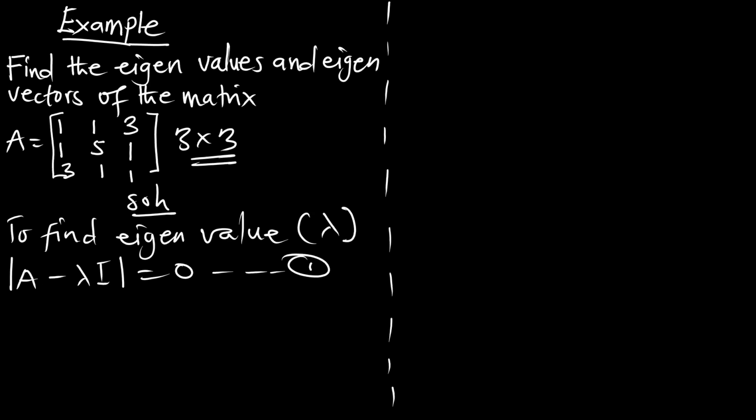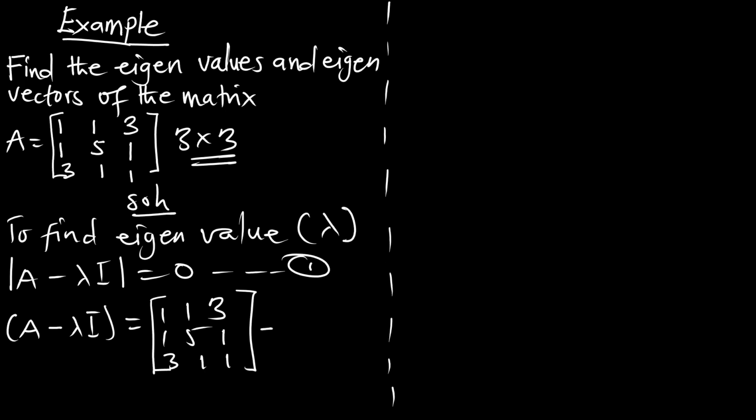Are we okay? So first, let's find an expression for matrix A minus lambda I and see how best we can do it. So the matrix is 1 1 3, 1 5 1, 3 1 1, minus lambda multiplying the identity 1 0 0, 0 1 0, 0 0 1.